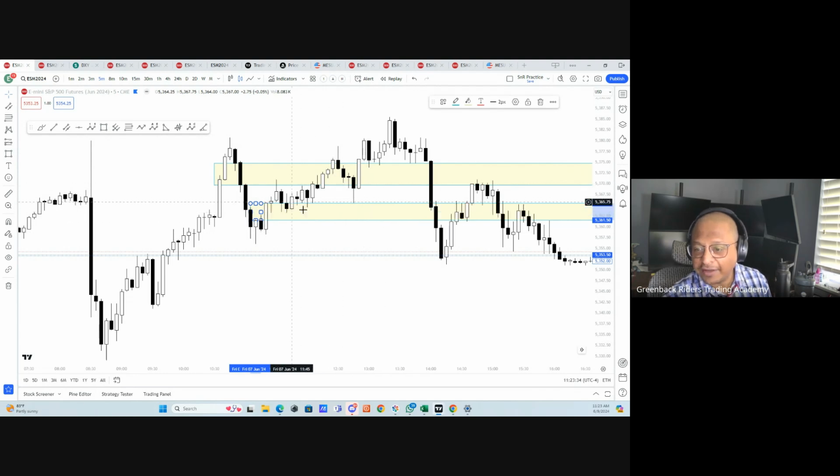Whenever you have a bullish gap and a bearish gap, you create a TTR, a tight trading range. A tight trading range above the 20 EMA based on the context gives you a bull flag. So there is still a chance of going up.